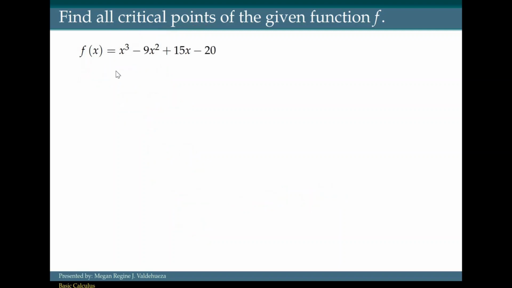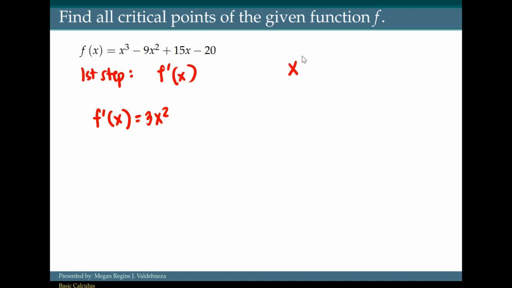Another example, we have the function x cubed minus 9x squared plus 15x minus 20. So again, first step is to get the derivative of the function. So what is the derivative of the function? We have x cubed here, so we have 3x squared using the power rule, right?